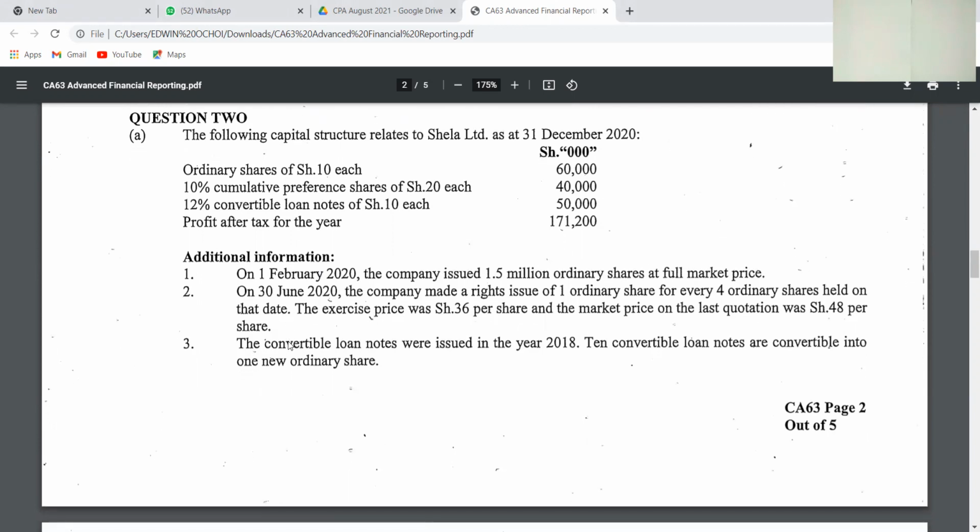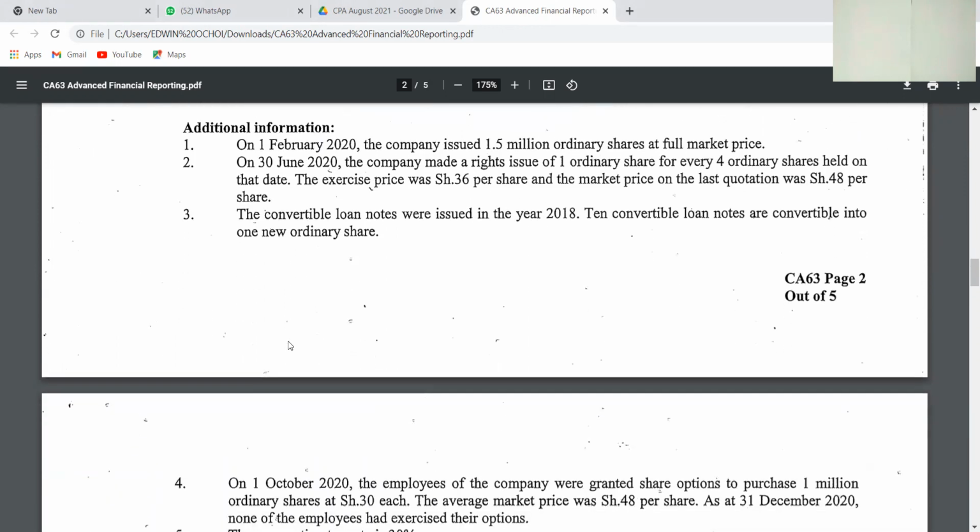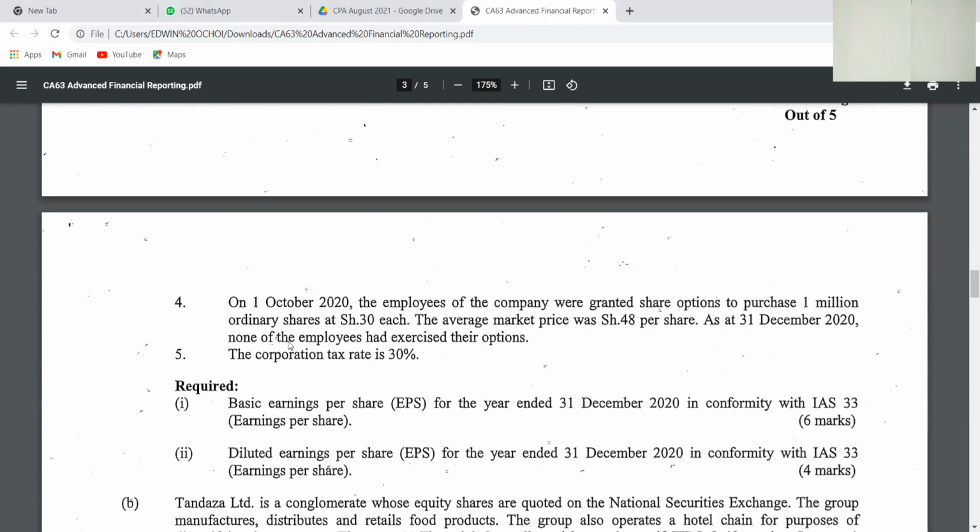The convertible loan notes were issued in the year 2018. 10 convertible loan stocks are convertible into 1 new ordinary share. Number 4, on 1st October 2020, the employees of the company were granted share options to purchase 1 million ordinary shares of shillings 30 each. The average market price was 48 per share.